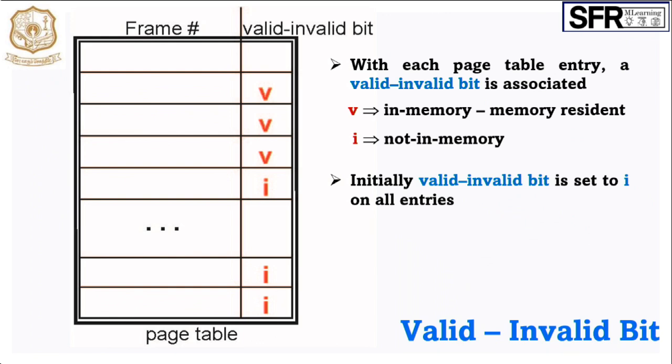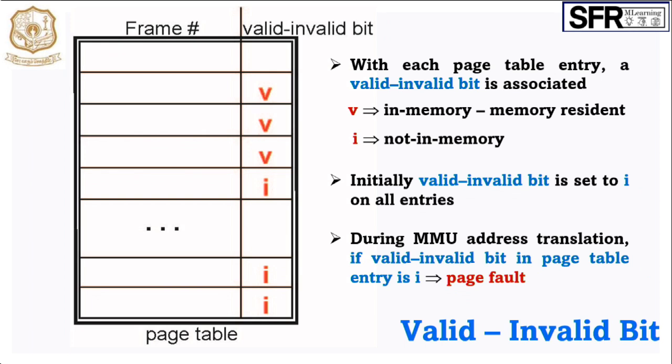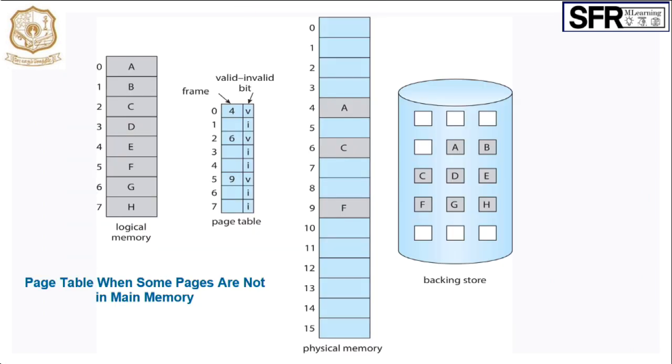A page fault is also a prime concept of demand paging. The processor requires a page and the page is not available in the memory. So, what will happen next? The next topic is how to handle a page fault. Before getting on to that, a small example.